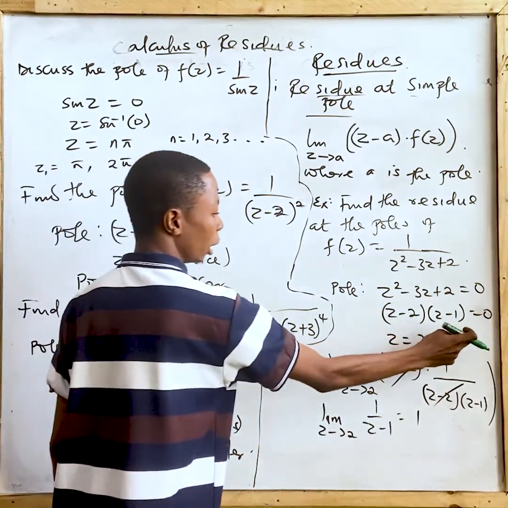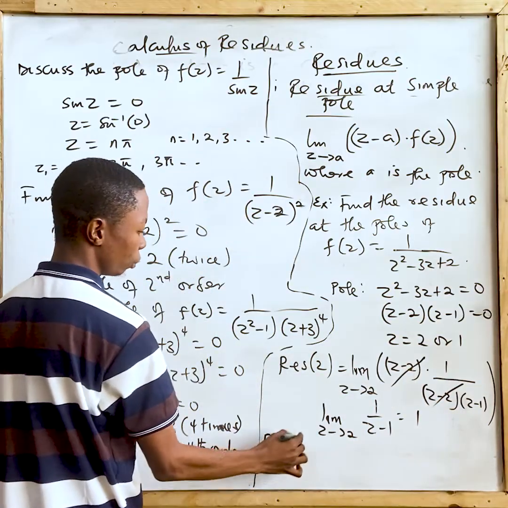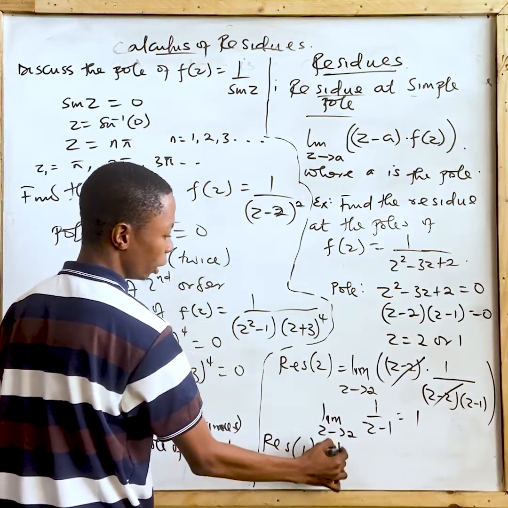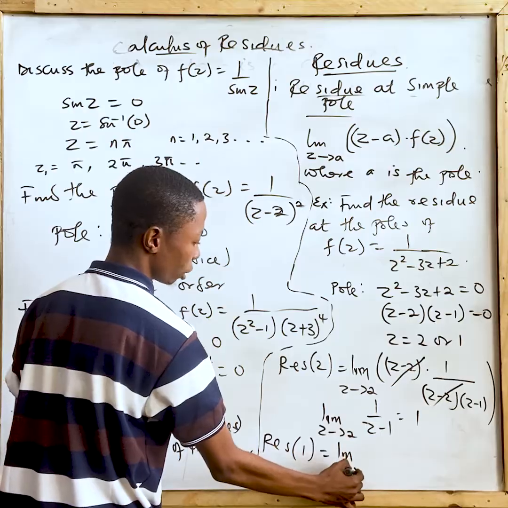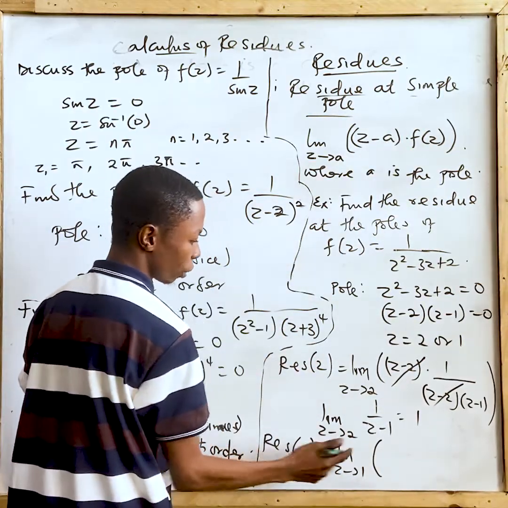Then the residue at the other pole, 1, will be the limit as z approaches 1 of (z minus a) times f of z. Here our a is 1.